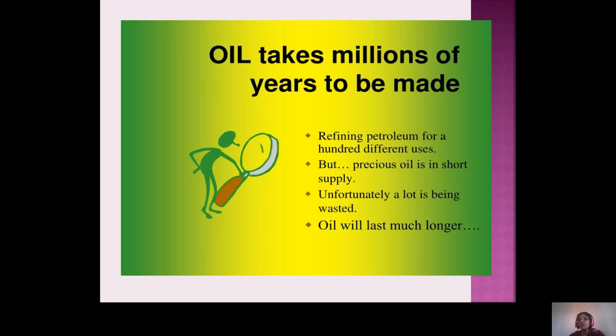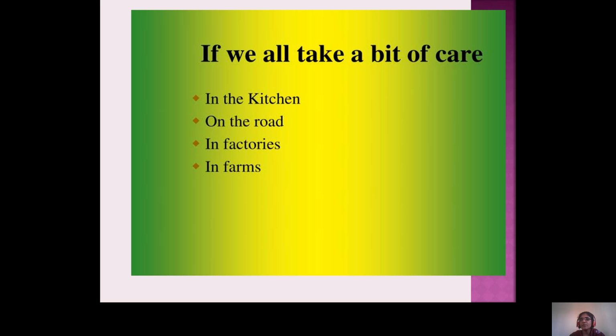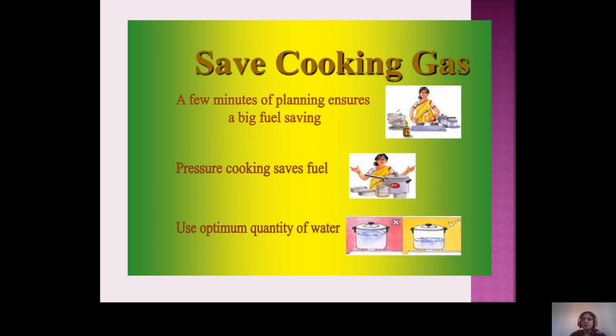So if you all take some care to save oil in a kitchen, on a road, in a factory or on farms, wherever it is used, then you save the oil. When cooking with gas, a few minutes of planning ensures a big fuel saving.